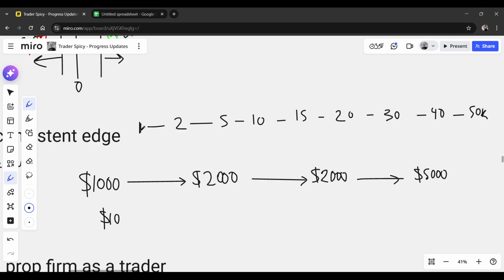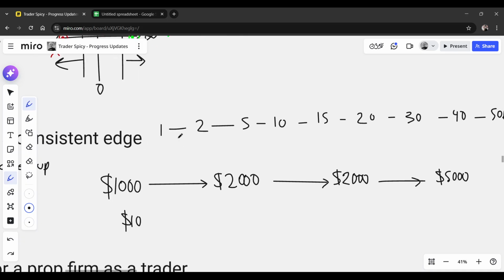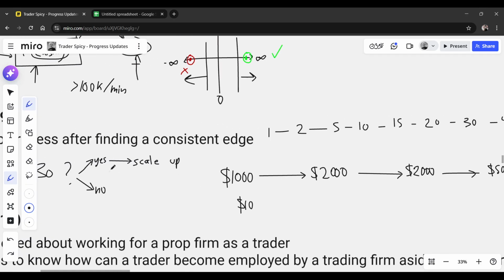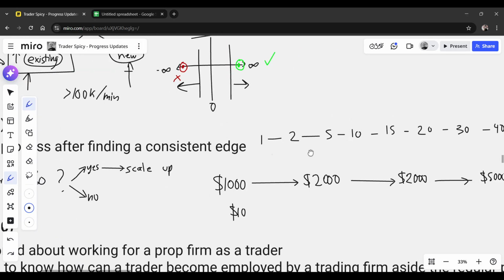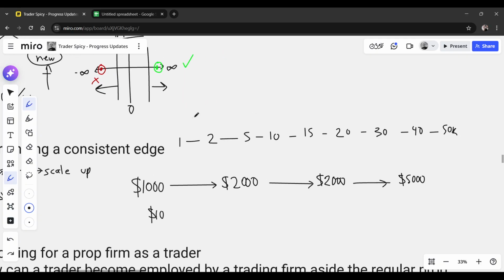So you start with a 1K account, you're profitable over the previous 30 trades. Awesome. You jump up to 2 and you stay on 2 until again you meet this condition. As soon as you meet the condition, you scale up to 5, and again you stay at 5 until you meet the condition again.